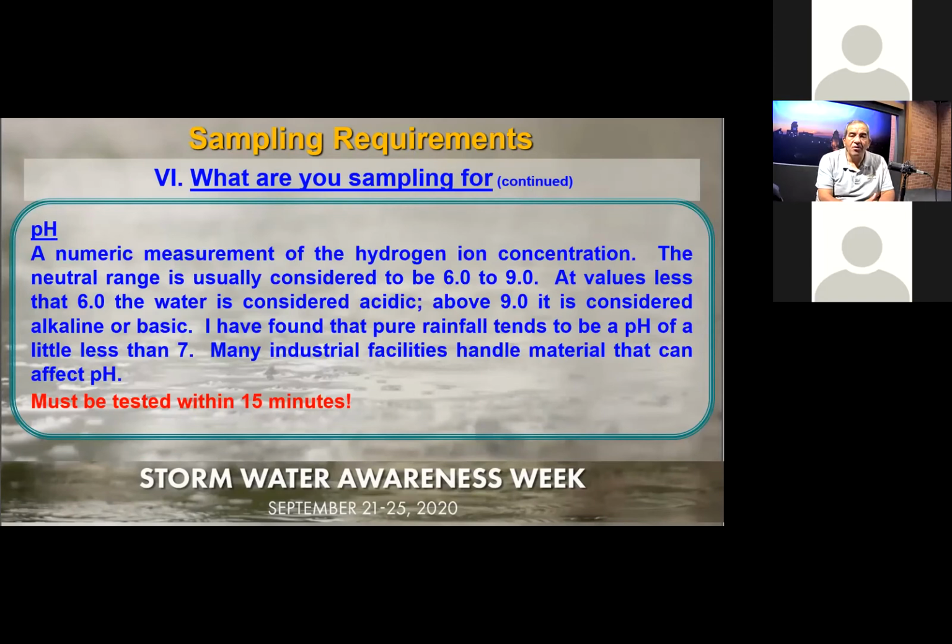For most people, unless there's a lab right around the corner, they're not going to be able to meet that pH requirement within 15 minutes of collecting your sample. So the permit allows you to use pH paper to do that. Just make sure that your pH paper has a range that it can detect below 6 and above 9. Why? I had a client where they were grabbing samples and said, hey, look, our pH is at 9, and they worked a lot with cement. I'm like, great.